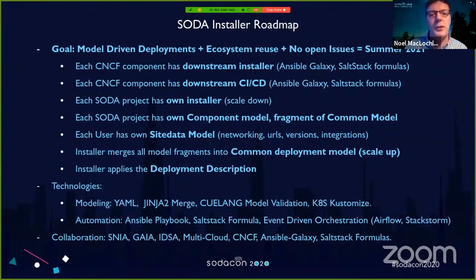Each project should have its own installer, possibly, or maybe its own model, definitely. And the installer will take all these model fragments, merge them into one common deployment model, and deploy that model onto the system. This is a standard practice in deployment management. And yeah, the technologies we will use, you can talk to me about this to see what we're thinking about.